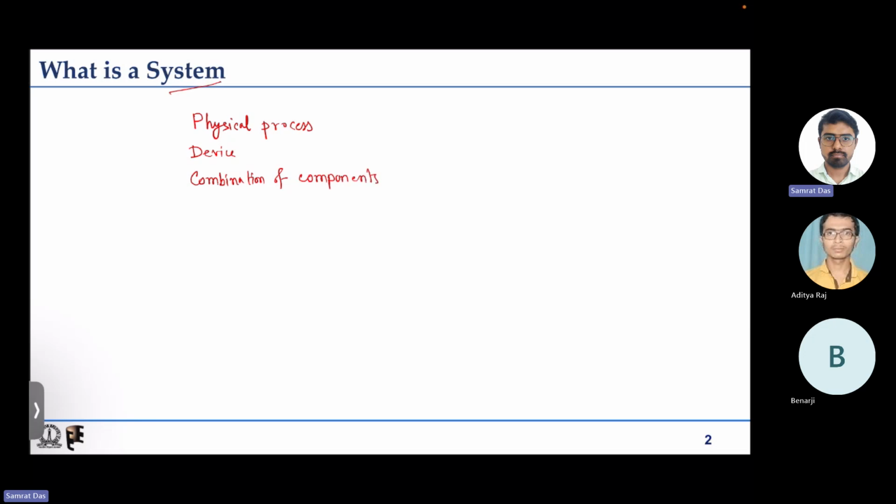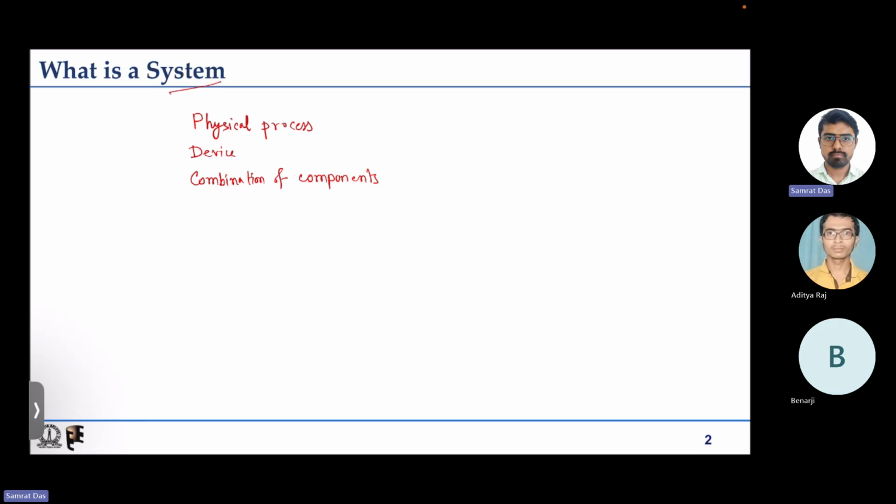So a system might be a process, any physical process like heating, cooling, all those things can be described as a system. Or it could be a device, like our DC motor is a device overall. Or it could be a combination of components: we may have some resistance, some inductor, some capacitance.